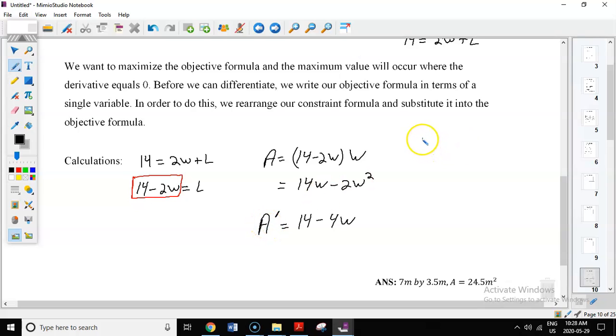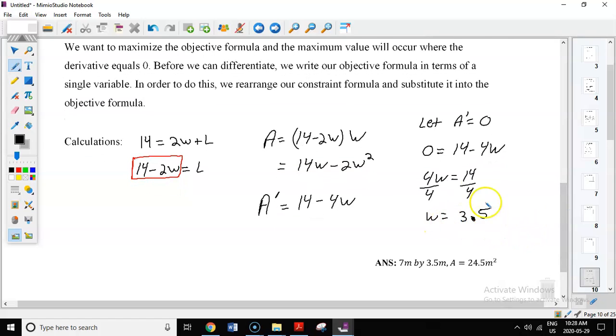So now we let A prime equal 0. So that means the max will occur when we get 4w equals 14 and w will equal 3.5.